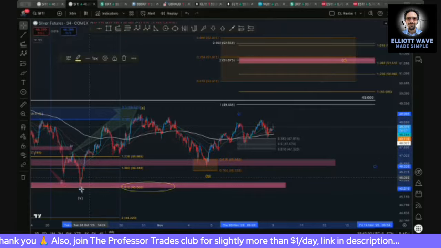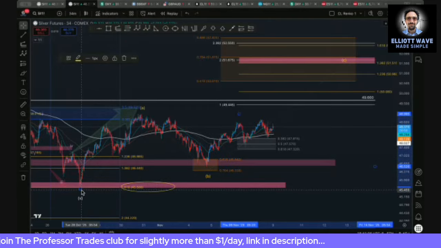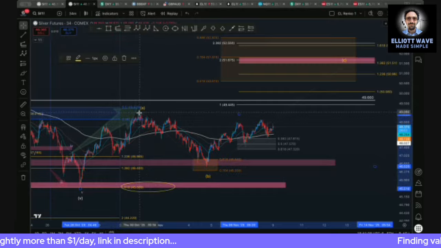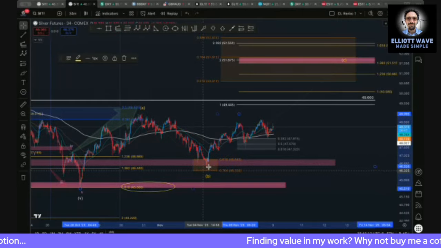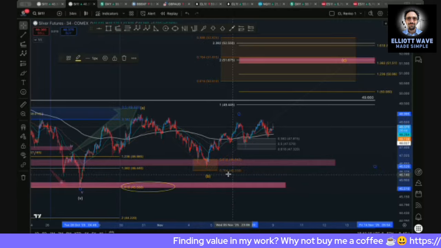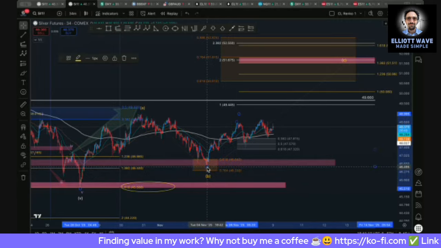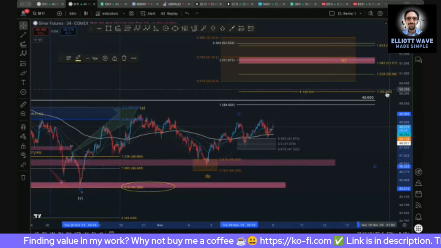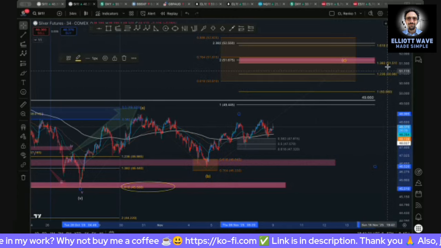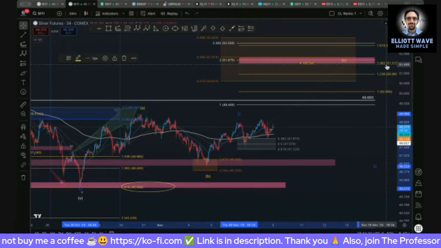The first click goes on the swing low, which I'm calling the bottom of a 5-wave move. The second click goes on this swing high, which I'm calling an A wave. The third and final click goes at the bottom of what I'm calling a B wave, in between the 618 and the 764. Then I'm looking for the yellow 100 fib, the 1236, and the 1382.